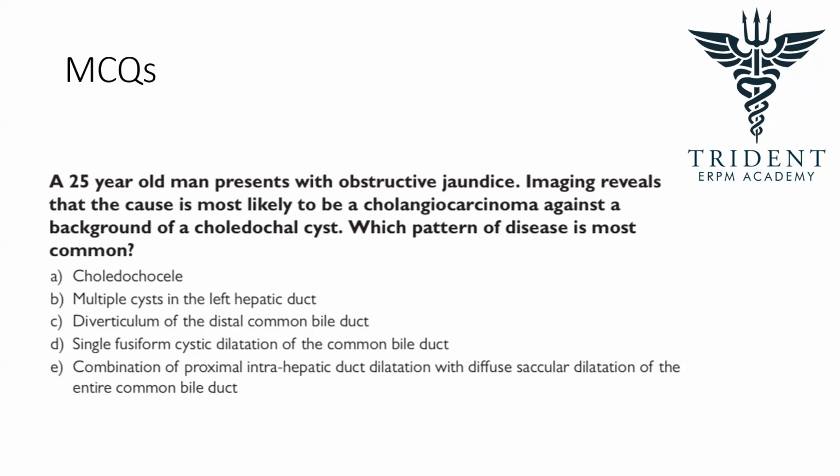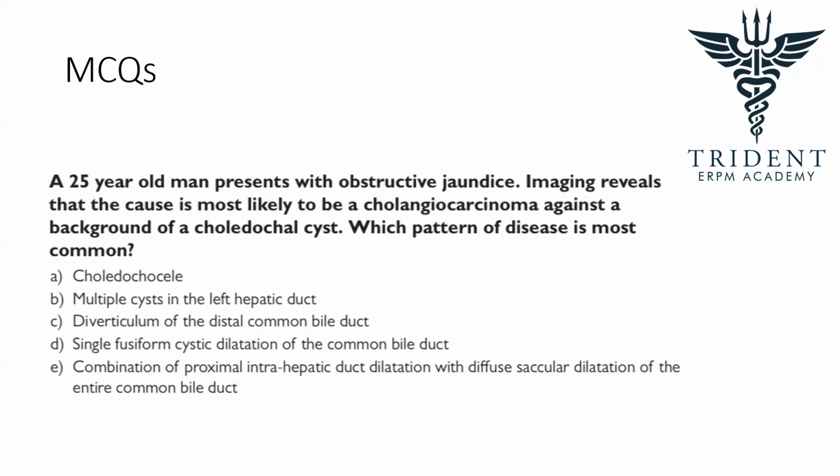So what do you know about choledochal cyst? A choledochal cyst most commonly presents in the first 12 months of life. There is a classic triad in 50% of the patients who carry a choledochal cyst: right upper quadrant pain, jaundice, and a right upper quadrant mass.